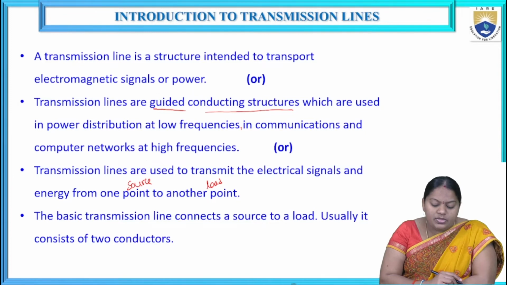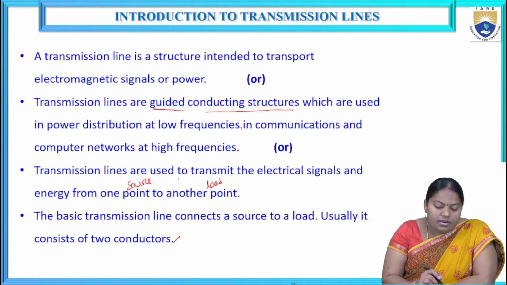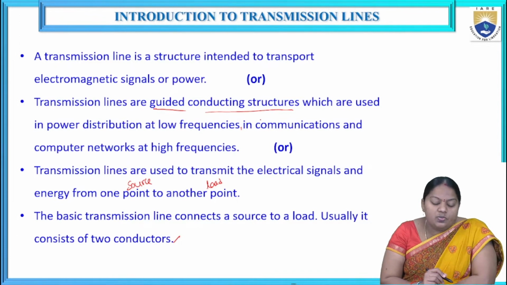Then, the basic transmission line connects a source to a load. Usually it consists of two conductors. Previously we defined transmission lines as guided conducting structures, which means they consist of two conductors, and inside that conducting structure it is able to transmit electrical signals or power from one place to another place.